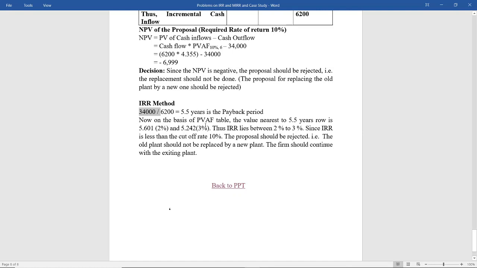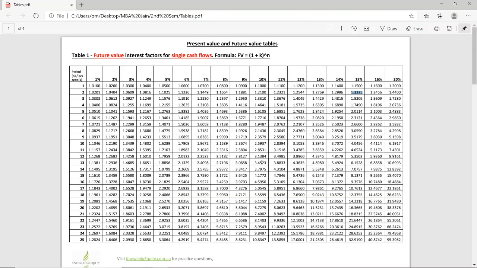Now on the basis of the present value annuity factor table, the value nearest to 5.54 in the row is 5.601 and 5.242.